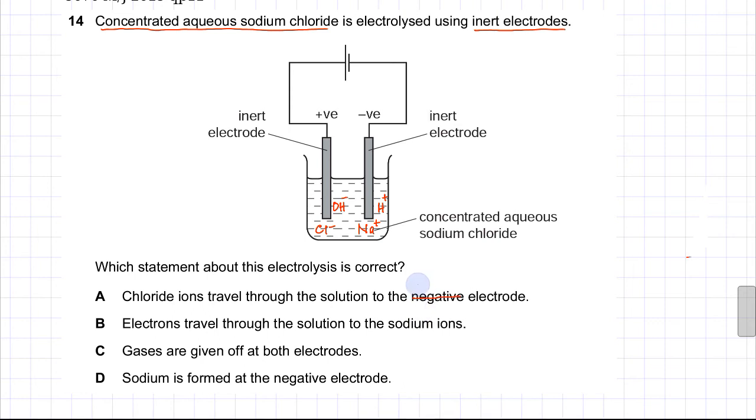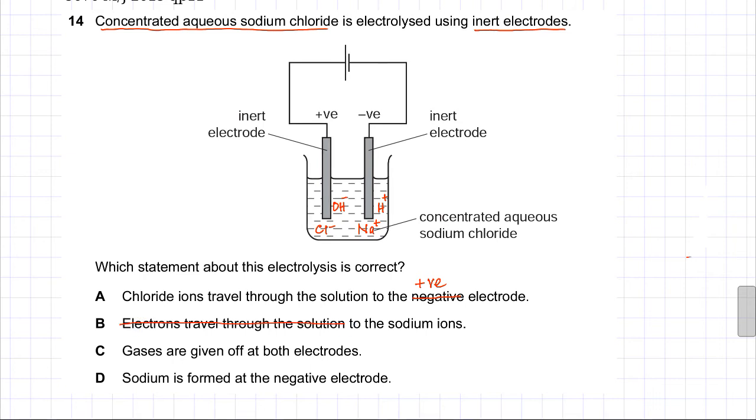The second statement is that electrons travel through the solution to the sodium ions. The electrons never travel through the solution towards the sodium ions. The solution has ions, and the only current that could flow would be in the form of ions in the solution. So electrons cannot travel through the solution, so this statement is incorrect.